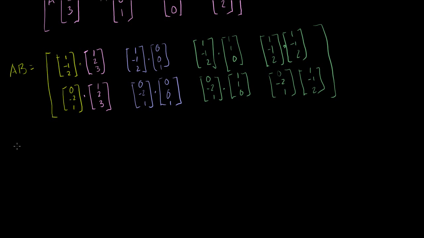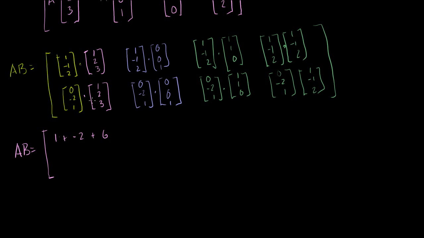So what is our product going to simplify to? I'll do it in pink. AB is equal to, we draw the matrix right there. So what's the dot product of these two things? It's 1 times 1, which is 1, plus -1 times 2, so -2, plus 2 times 3, plus 6.